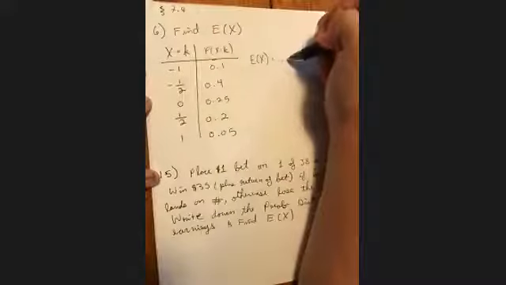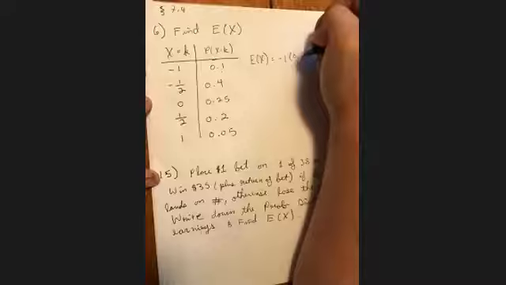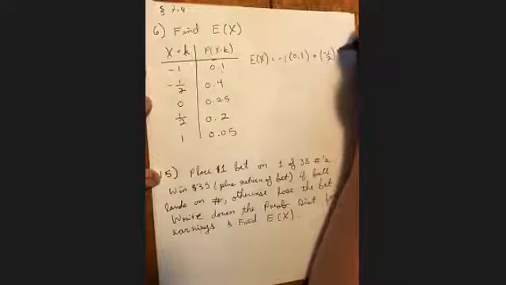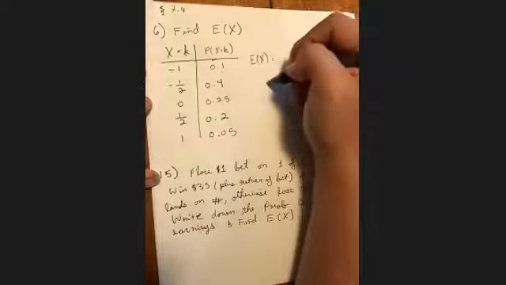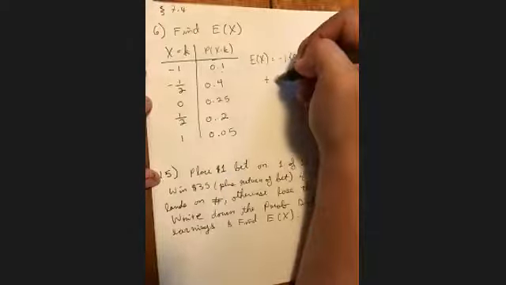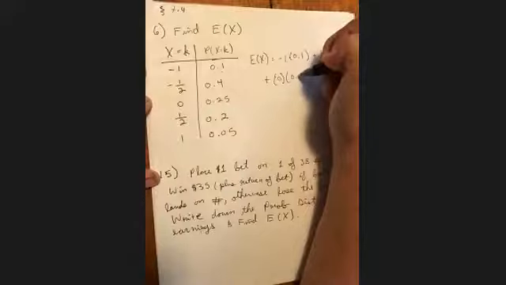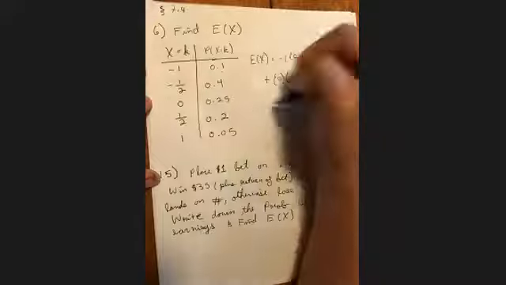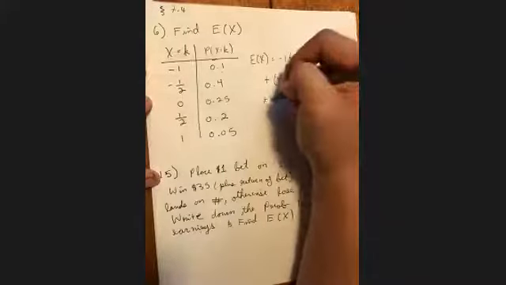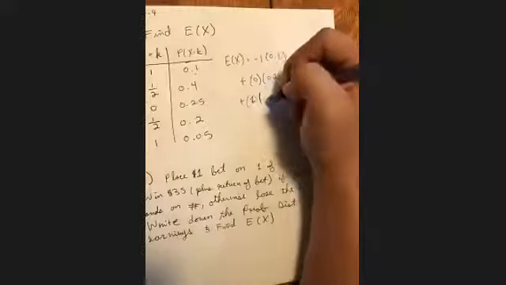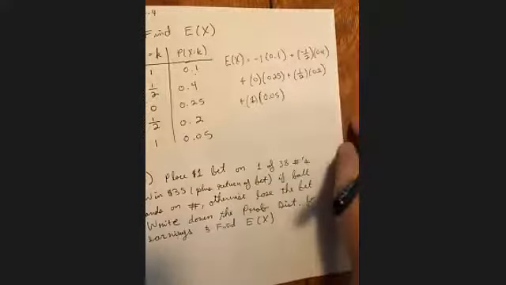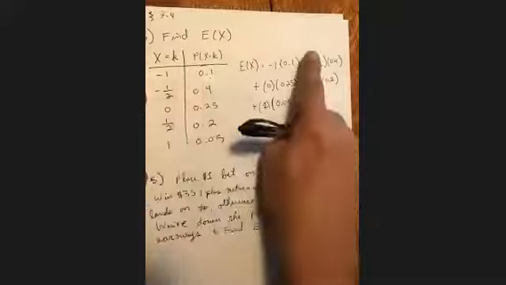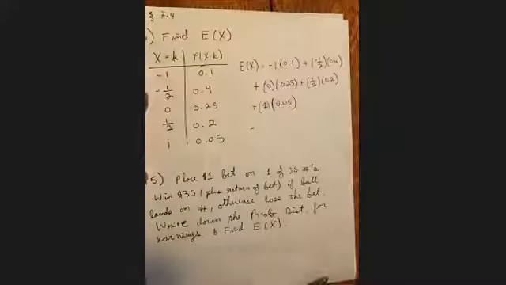So I would take -1 times 0.1, and then add -0.5 times 0.4, then add 0 times 0.25, then add 0.5 times 0.2, then finally add 1 times 0.05. So all we did is take each value and multiply it by its probability, and then add all of those up. And that will give us the expected value.